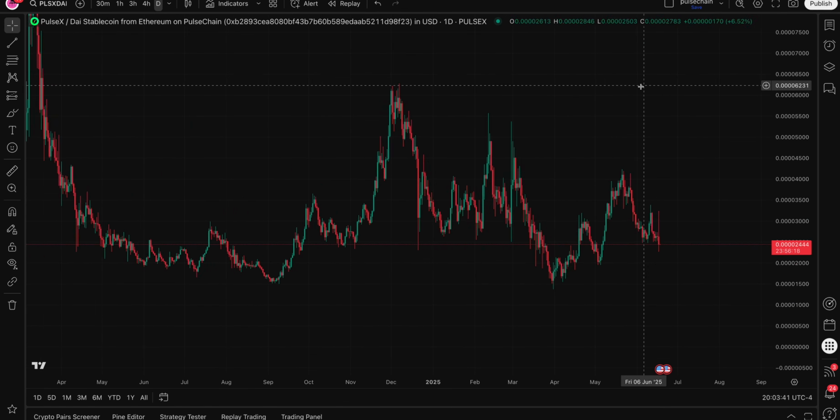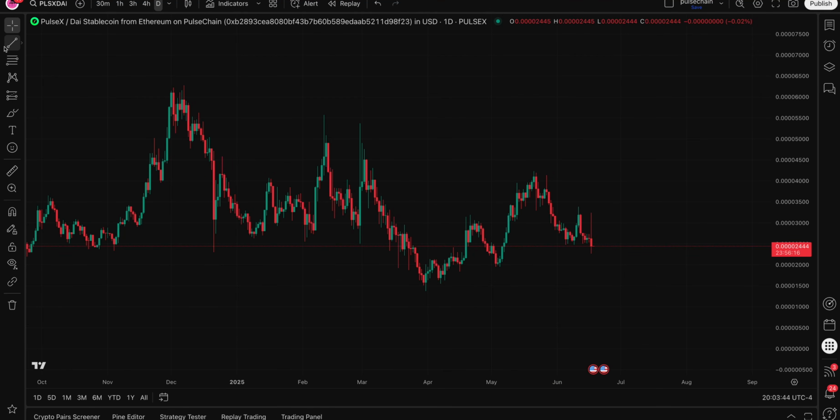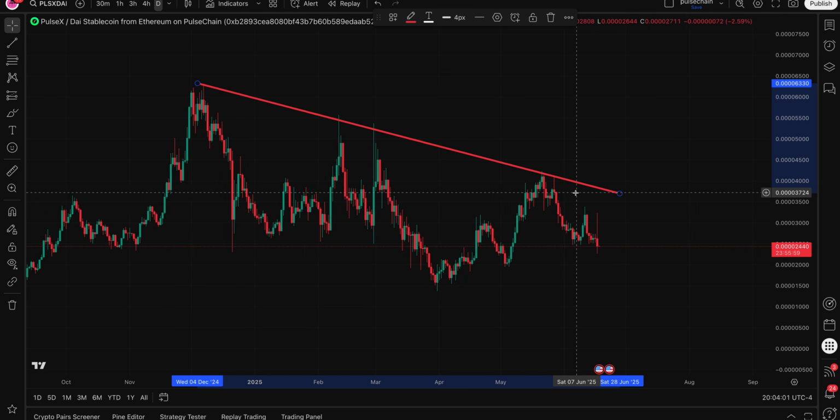And let's take a look at this objectively, rather than subjectively. Rather than, just because we have a stake in the ecosystem, let's try our best not to be biased here and just see what's been happening since December 2024. We've just been making lower highs here, right?